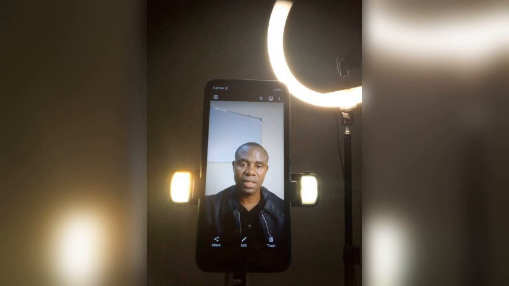So a foil is usually defined in relation to another character. And it is the character that has the opposite attributes compared to the other character.